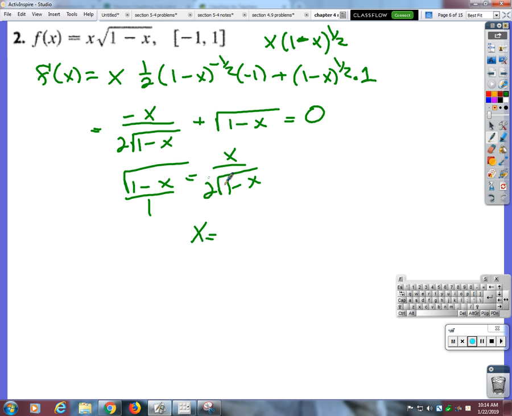Cross multiplying this way isn't actually that bad because the two square roots cancel each other out. So yep, exactly what Maddie said, 2 parentheses 1 minus x. So distribute 2 minus 2x, add 2x, 3x equals 2. So x equals 2/3.